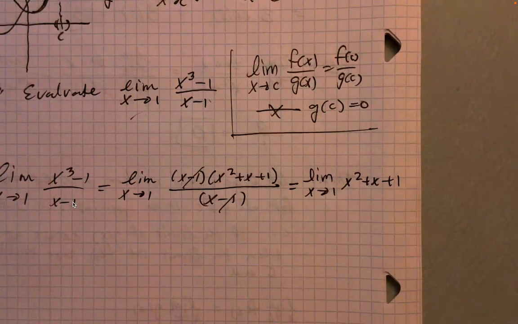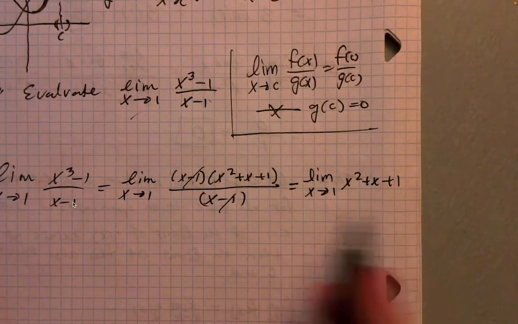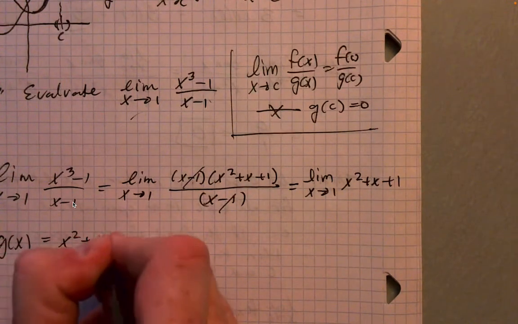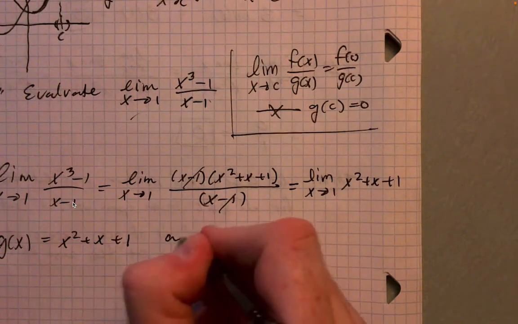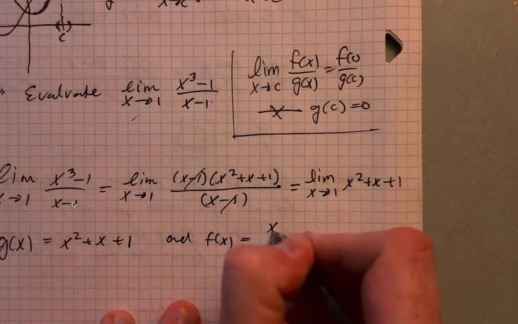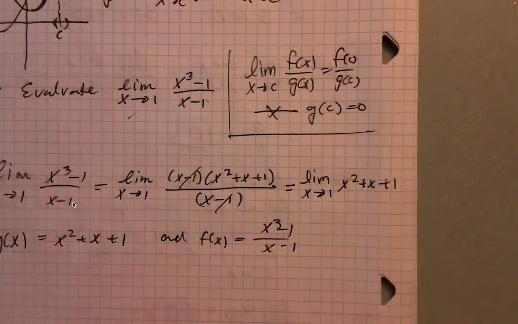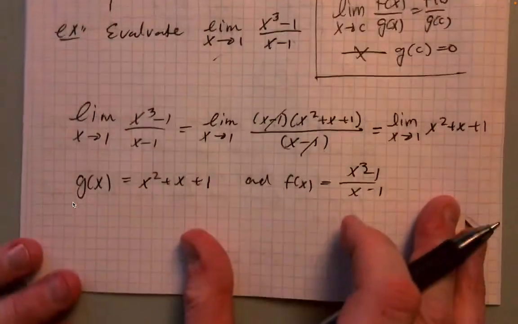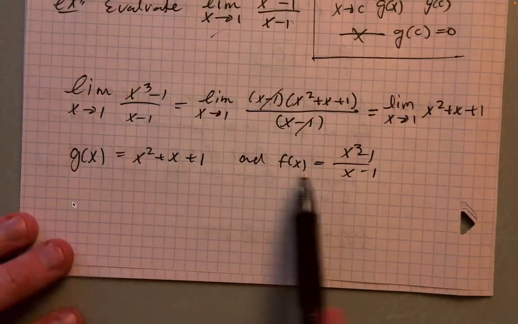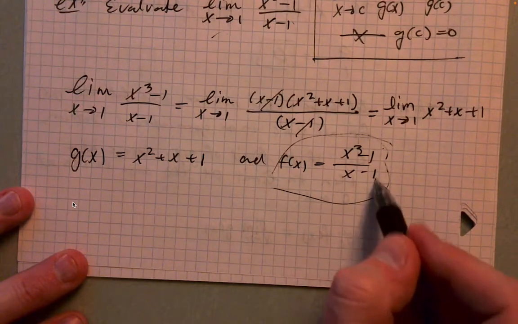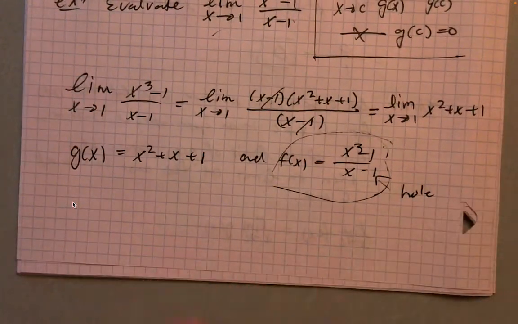Now, if you think of g of x as being this function and f of x as being this function, f of x is the original function that has this hole at x equals 1.